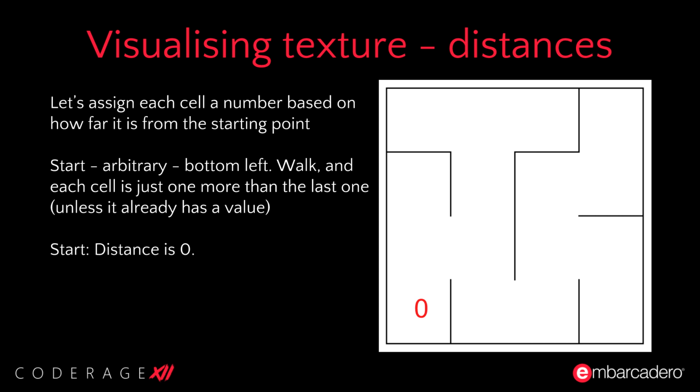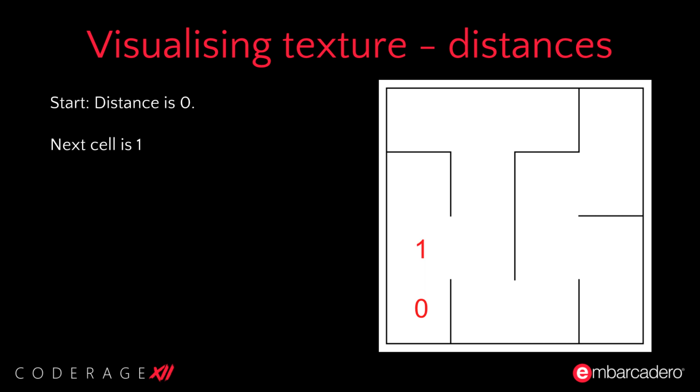The algorithm is pretty simple to calculate the distance. We just walk, and of the neighbors from a cell, every cell just has a distance that is 1 more than the last one, unless you happen to find a cell that already has a value because paths intersect. So let's start. The distance is 0, and then it only has one neighboring cell above it, and so that cell's distance is one more, which is 1.